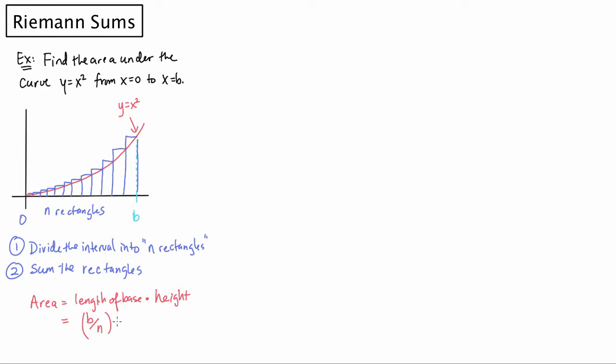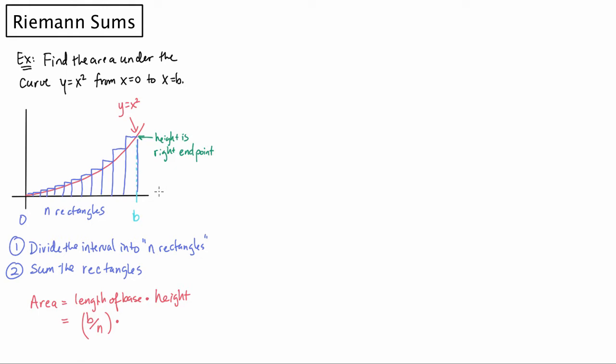All right, what about the height? Well, the height of each rectangle, because I used the right endpoint, you can clearly see here that the height of each rectangle is going to be governed by where it intersects the function on the right side.